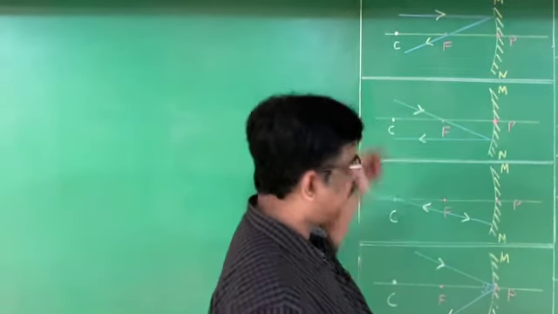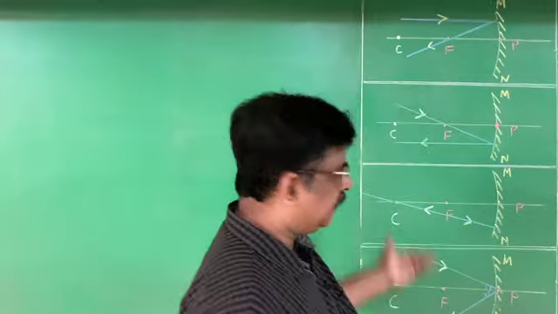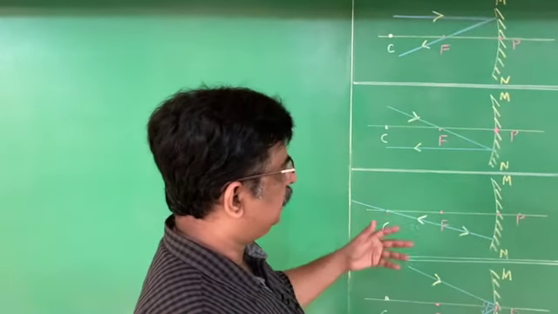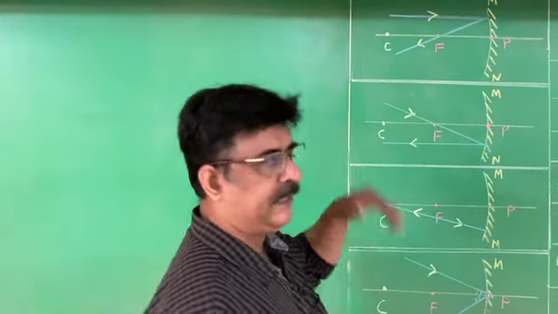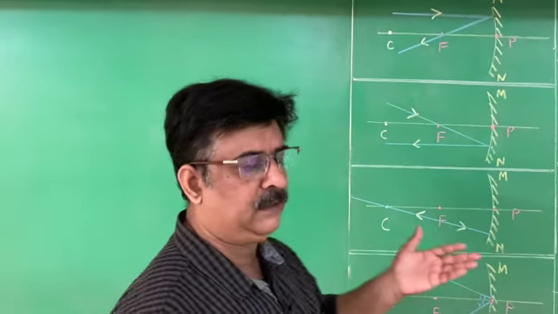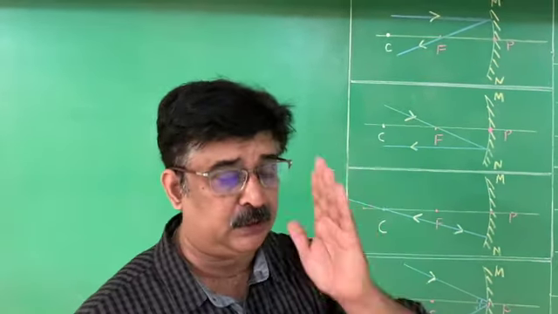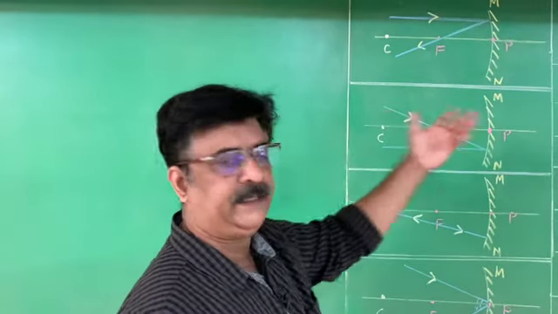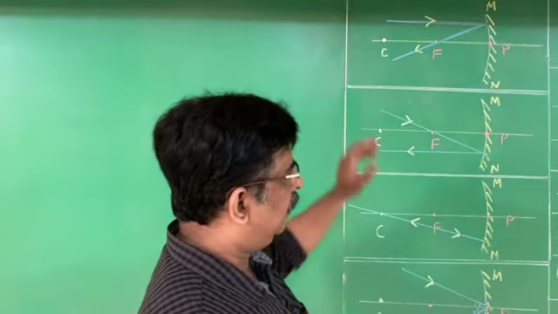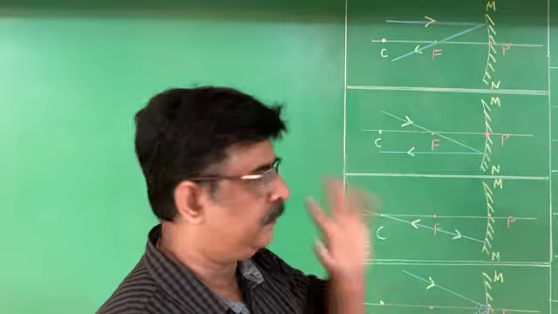We can use any other conditions, but we always follow the conditions given in the textbook, because we are going to face the public examination. In the public examination, they give more attention to what is in the textbook. Therefore, we are following them. We can select any 2 conditions to write the ray diagram, but I follow the conditions given in the textbook.